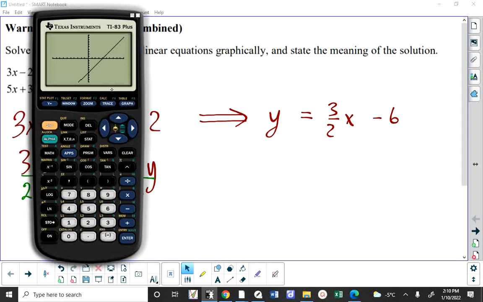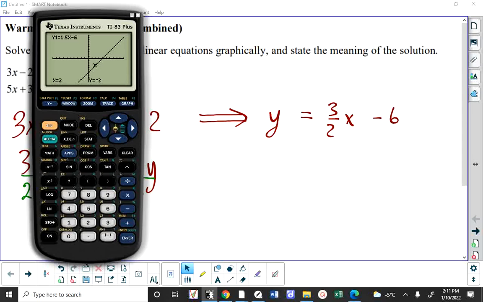If I were to go trace 2, since 2 comma negative 3 is a point on that line, that means in the equation, when x is 2, y is negative 3. Are you with me on that? So, how many solutions to this equation are there? An infinite number of solutions. An infinite number of ordered pairs make that equation true.